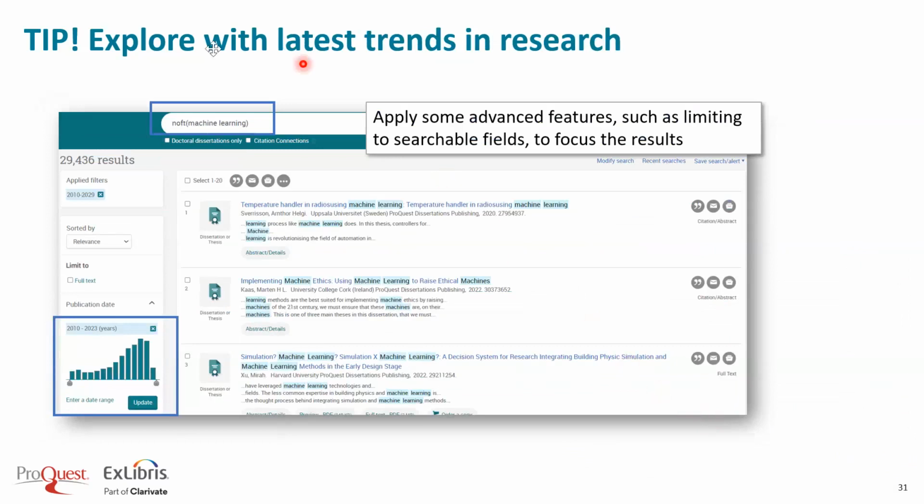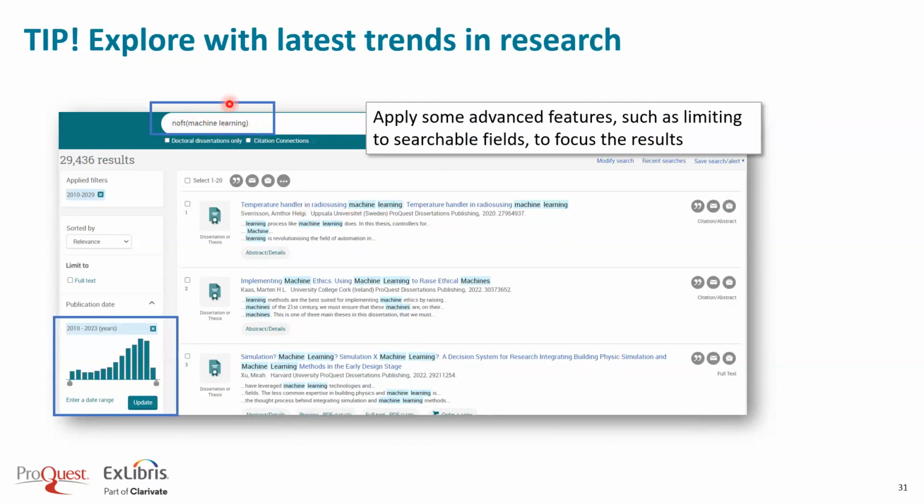Another way to discover the collection with the latest information is to run your search by NOFT. NOFT means not in full text, but the terms will be available in the title, the subject, the abstract, wherever there is indexing.